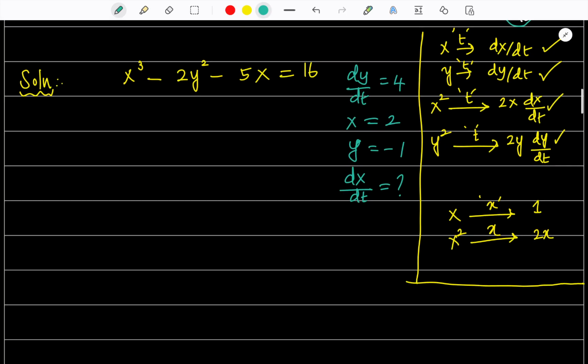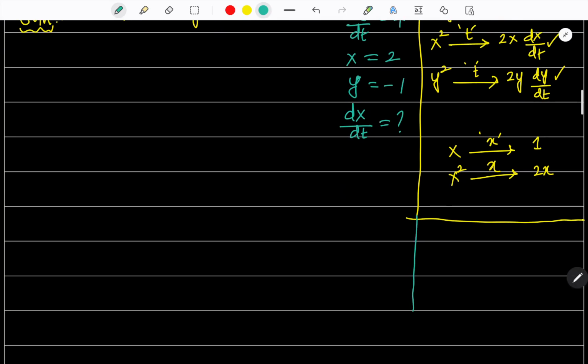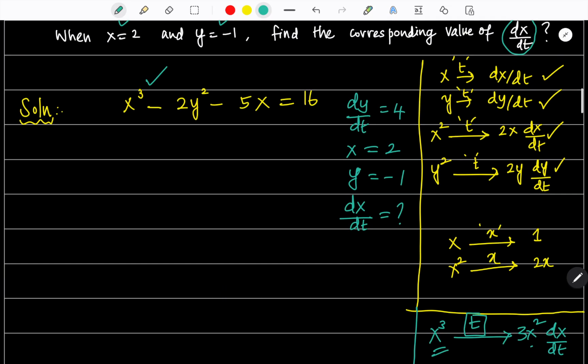Before going to this question, I will ask you, what is the derivative of x cube with respect to t? What is x cube derivative? 3x square. When you stop this, you have done with respect to x. But they are asking with respect to t. So 3x square dx by dt. This is the first one.